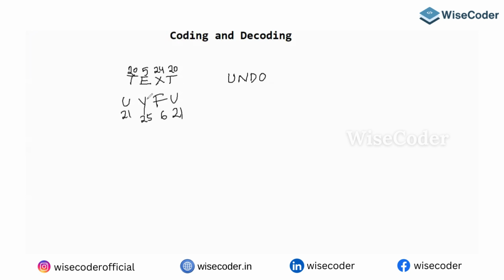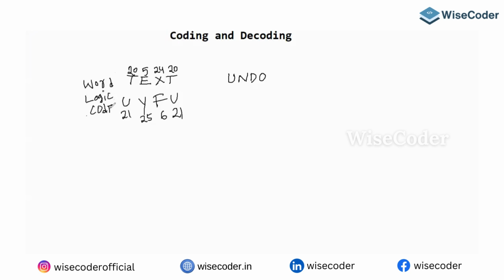So there is no particular logic straightaway. This is the actual word, and I don't know the logic, so I need to figure it out. This is the code that was given.